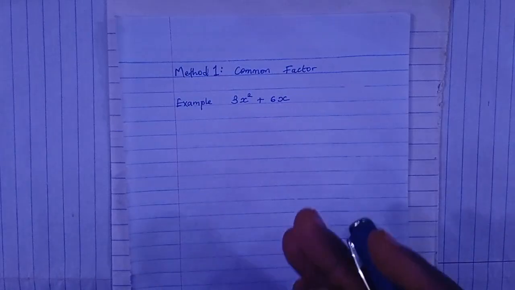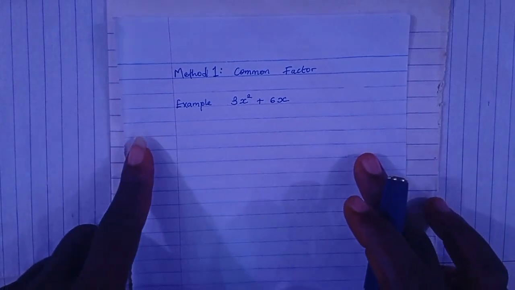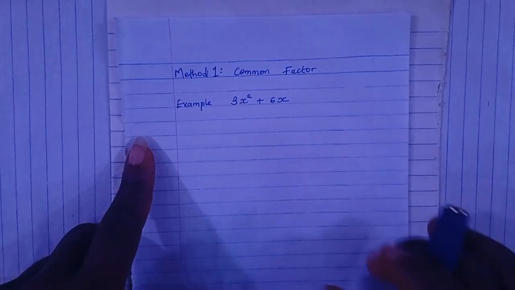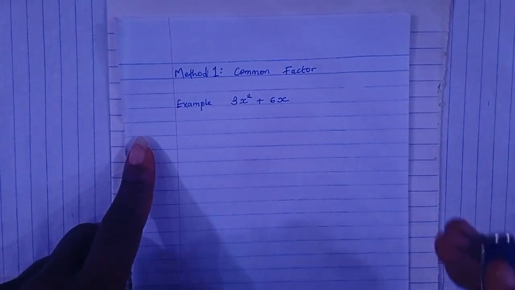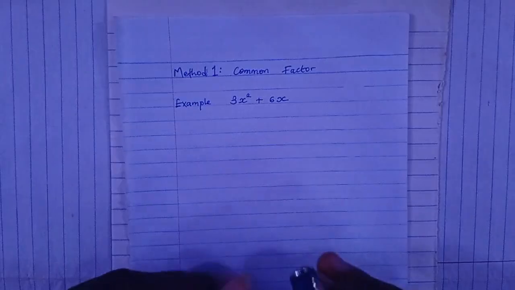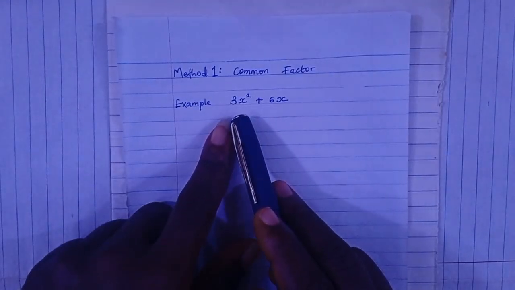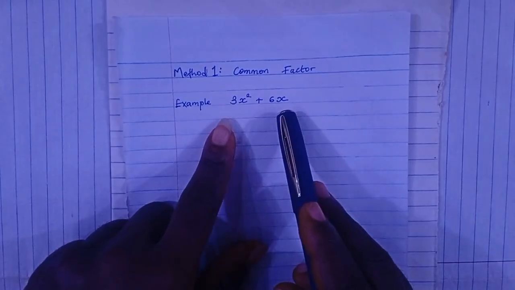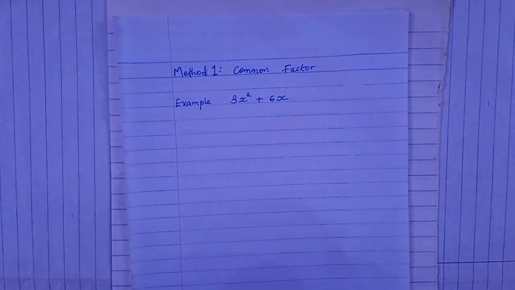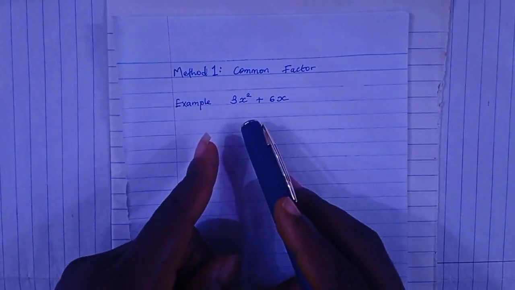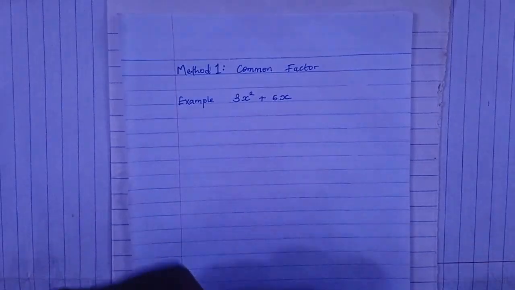Let's move into the first method, which is common factor. And we have an example here. In order for us to factorize this, we are going to get the common factors. What do I mean by that? We are going to get out the factors that we can find here that are equally here. For us to know the factors, we are going to first of all break this and this down.